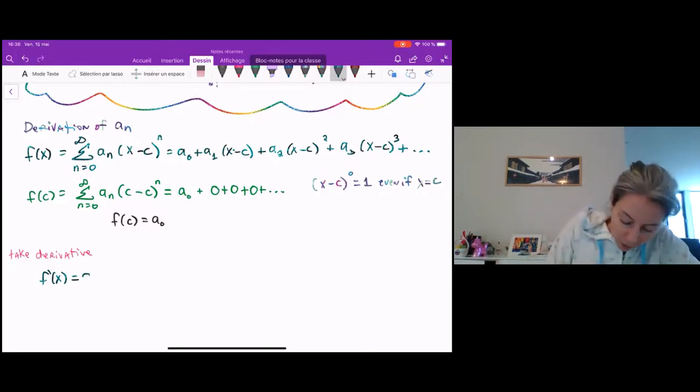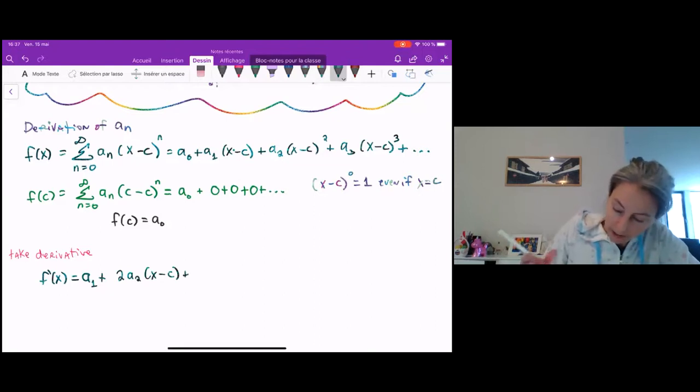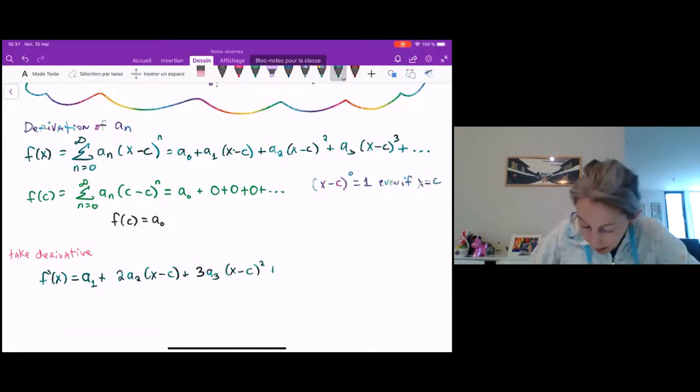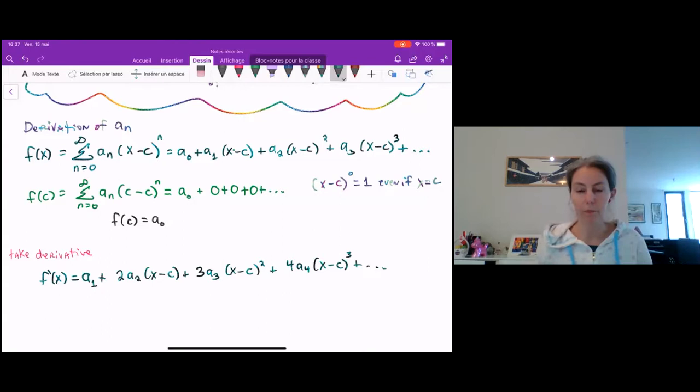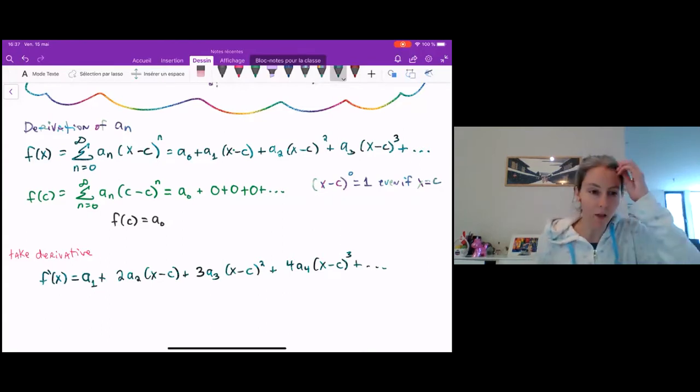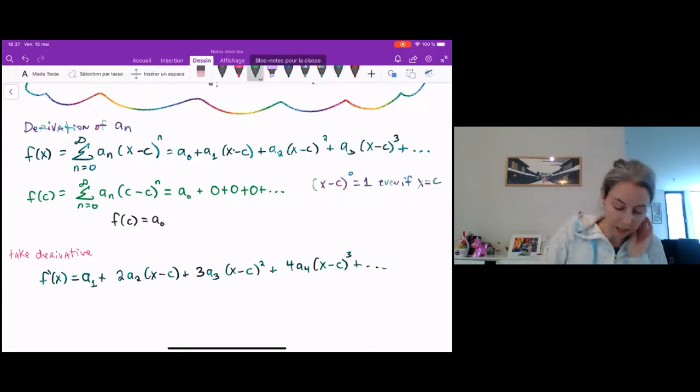So what we have left over is a sub 1 plus 2a sub 2 times x minus c plus 3a sub 3 times x minus c squared plus, if I were to do the next one that I didn't write down up there, 4a sub 4 times x minus c cubed plus, and so on and so forth forever. So now what happens if I look at f prime of c?